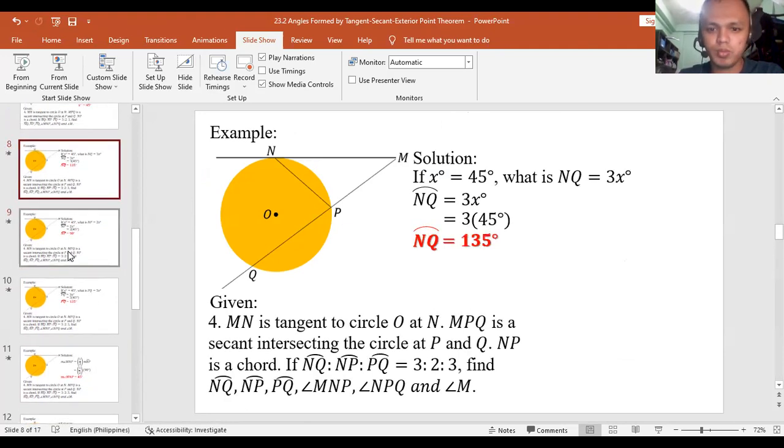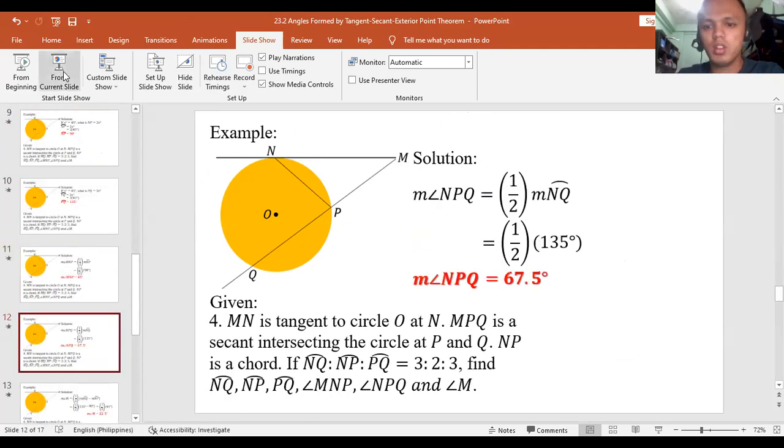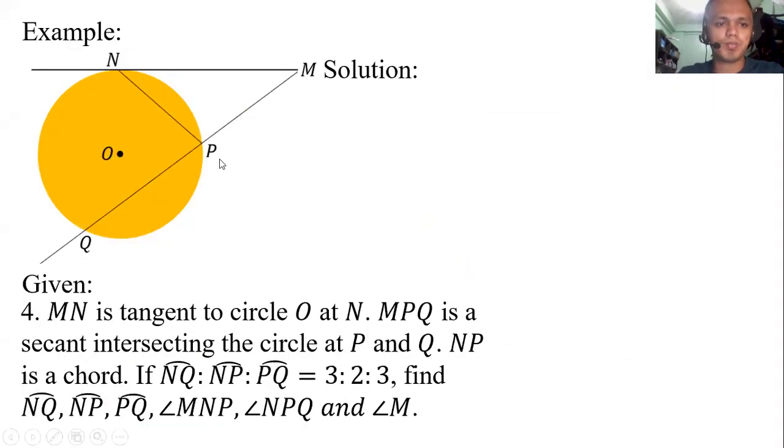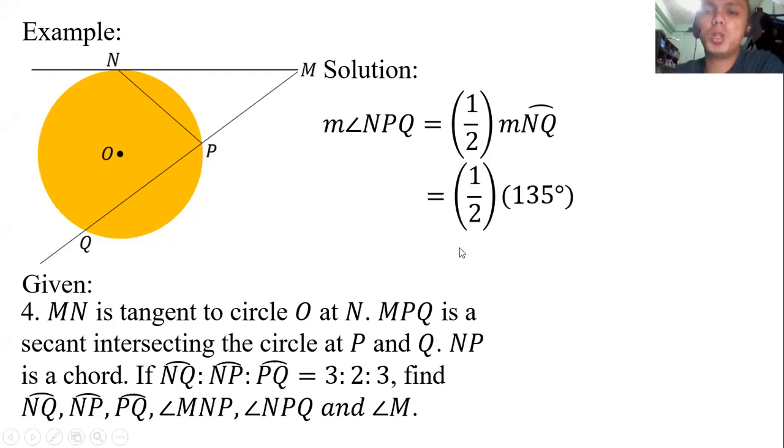NQ is 135. Ito pala, sorry, mali ako naturo kanina. MNP yung ginawa ko. Okay, NPQ, dito yon, yung intercepted arc niya is NQ. And your NQ here is equal to 135 degrees multiplied by 1 half, then we have 67.5 degrees for your measure of angle NPQ.